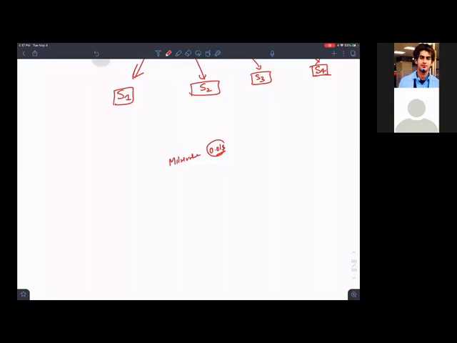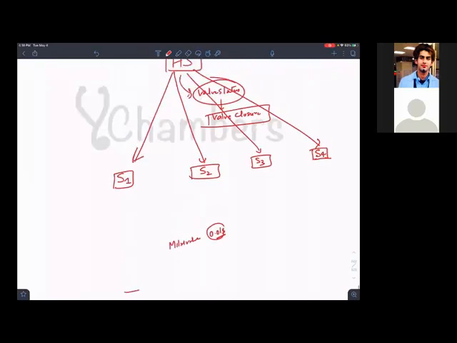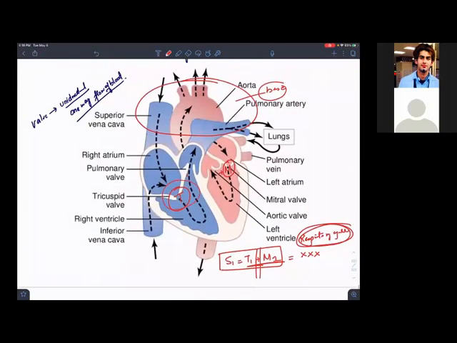Once you close the mitral and tricuspid valves, or I can say atrioventricular valves, because they are between the atria and the ventricles, they give me one sound at a time. That sound is called S1 sound. Where is the S1 loudest? Apex. S1 is loudest at the apex.